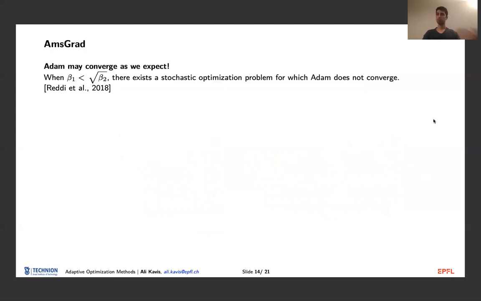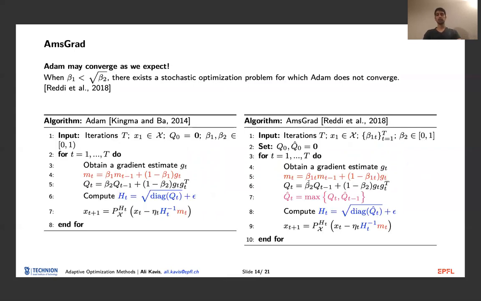People solve this in different ways, but AMSGrad solves this in the following way. Instead of having q_t as is, they deal with the maximum of q_t across all the iterations.